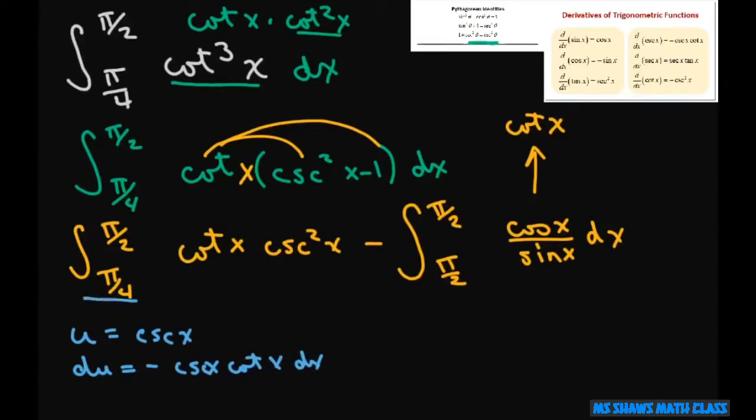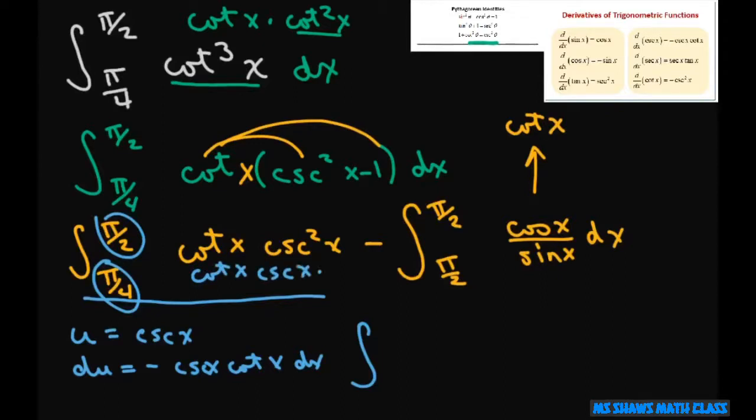So when I write this first integral, I can write this as u, because I can write this as cotangent x cosecant x times cosecant x. So substituting in, I have a u, and these two are just going to be negative du.